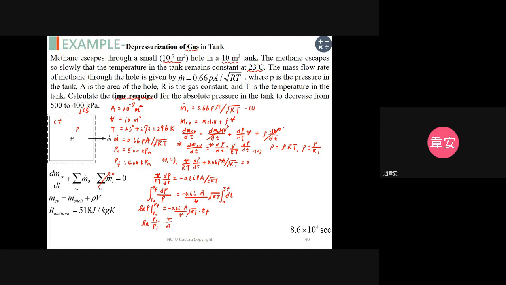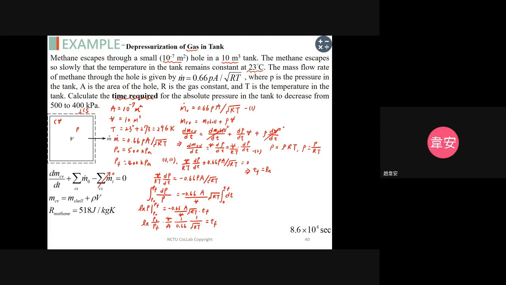And divide by the 0.66 over 1, and also divide by the root RT over 1, and on the right-hand side we only have the TF. So we move to here, the TF is equal to the ln of the pressure ratio.